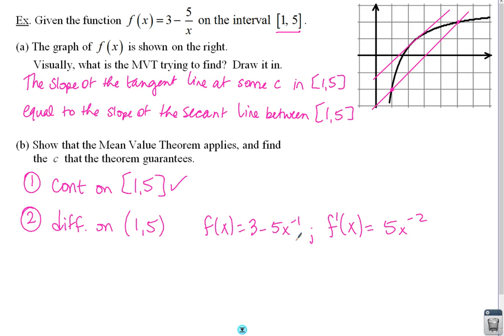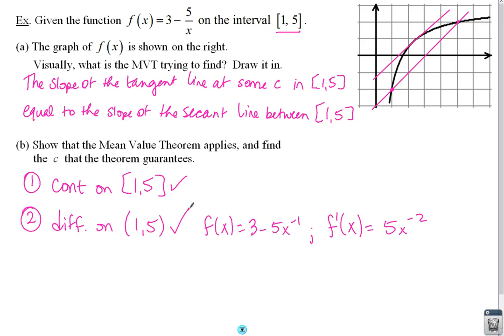Yeah, I can take the derivative, and so far the only place where this derivative would not exist would be at 0. Again, that's not within the interval, so we are good here. It's still differentiable on 1, 5.